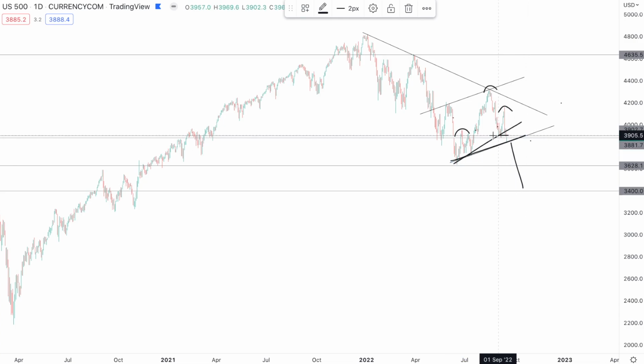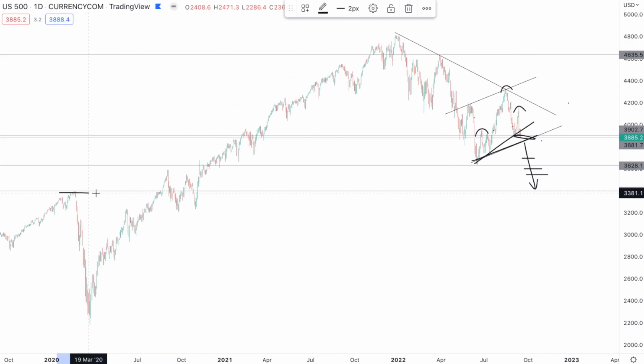So if 3,900 points breaks, all fundamentals go out the window, stop losses get hit along the way, and you could get a capitulation move filling this gap here where we have very little support between the 2020 high and the June low. A lot of people have been expecting this gap to be filled before looking for a bottom. That's been somewhat consensus that the market would retrace back down to that pre-COVID high.